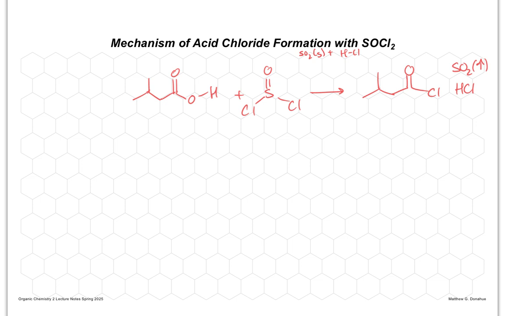So we're not leaving anything out. Everything's coming along for the ride. It's accounted for somewhere. So we have to get rid of the OH, replace it with a Cl, then account for HCl, and then SO2.